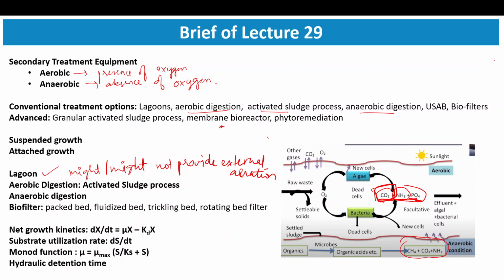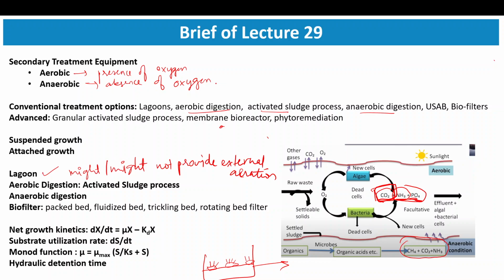Now, one of the most important aerobic processes used is the activated sludge process, where you continuously provide, in a tank, for example air through some diffusers. This air, like oxygen, will be taken up by bacteria and microorganisms.